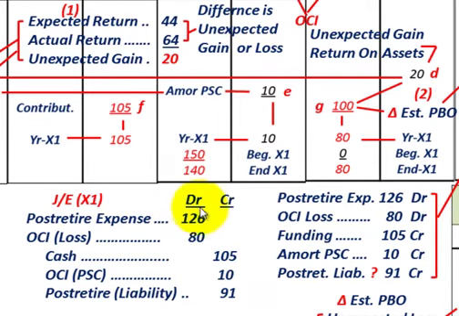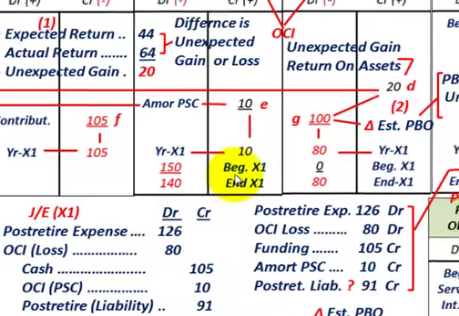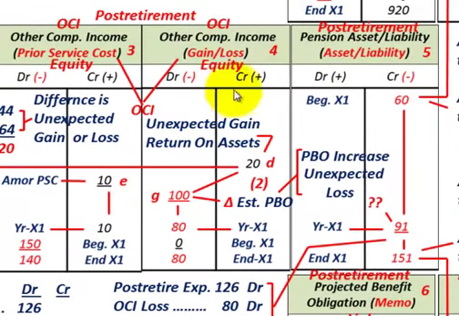So let's go back through what we did. We went through this example, and I'm just looking at our post-retirement asset and liability account. I've got everything laid out here, and if you're doing pension accounting, you're going to have the same entries when you come to assets and liabilities and your expense as you would for post-retirement.